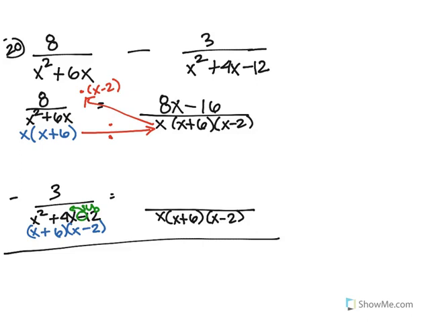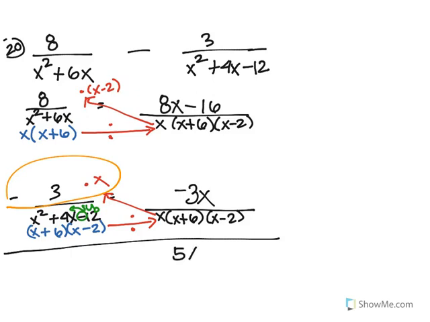Now on the bottom one, who goes to the top? Just x, right? But you do know this is negative what? 3x. Yeah, I said that because this was a subtraction problem. So make sure you got negative 3x. So when you combine, you only really combining 8x minus 3x, which is 5x, and I bring down minus 16 over x times x plus 6 times x minus 2.